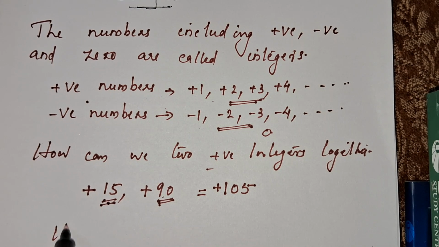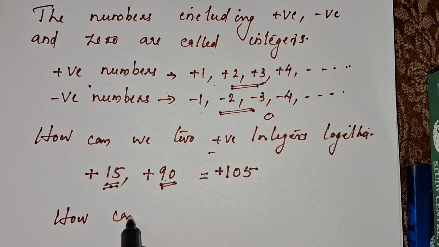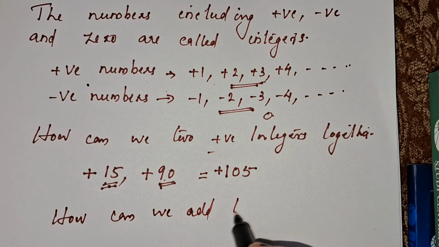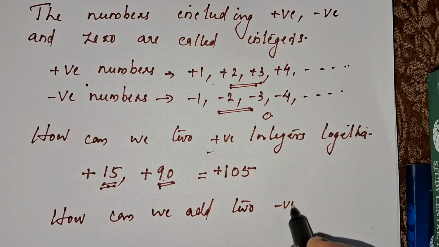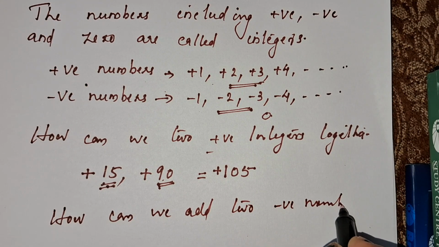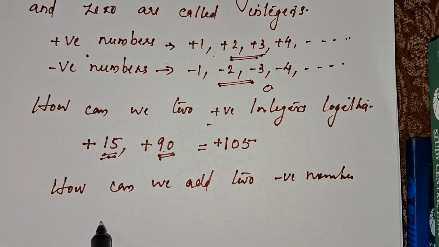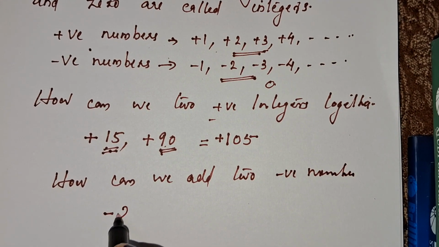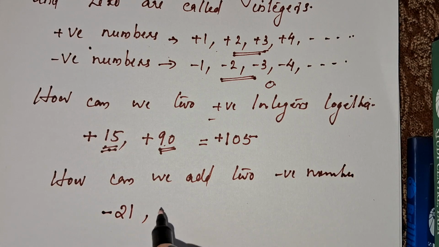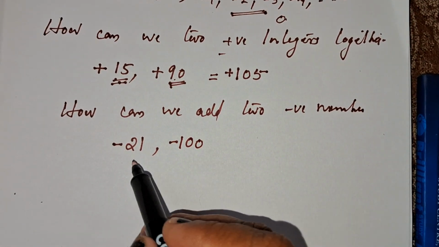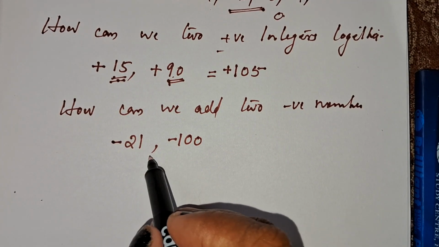How can we add two negative numbers? For example, -21 and -100. How can we add these two numbers?